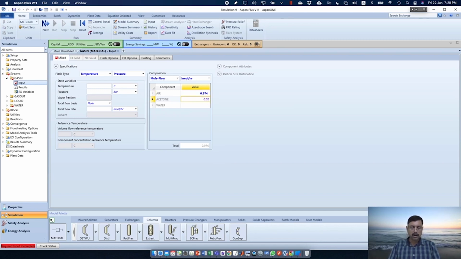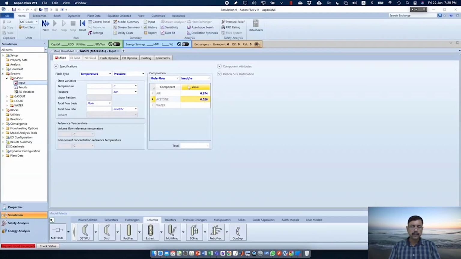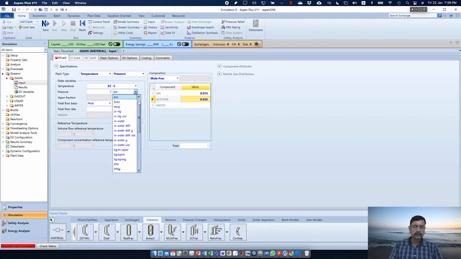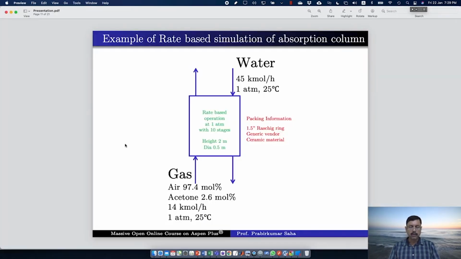They are all mole fractions. And temperature 25, pressure 1 bar, and molar flow rate 14 kilomole per hour.